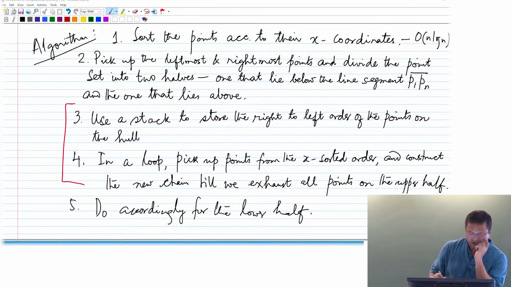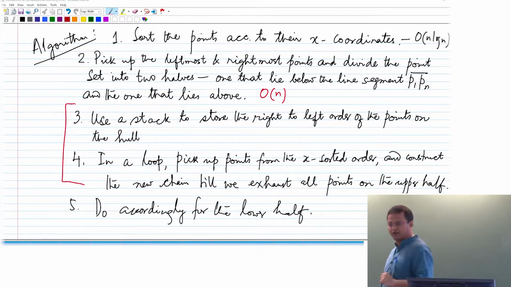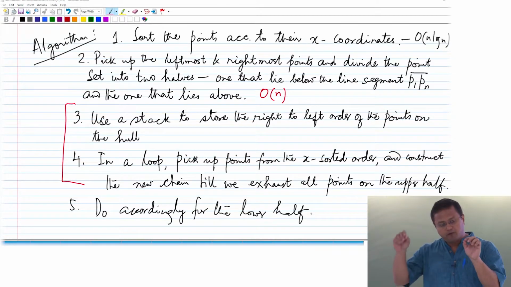So these are the steps. First of all, this you can do in linear time. These are the 2 steps that we have to analyze a little bit closely.